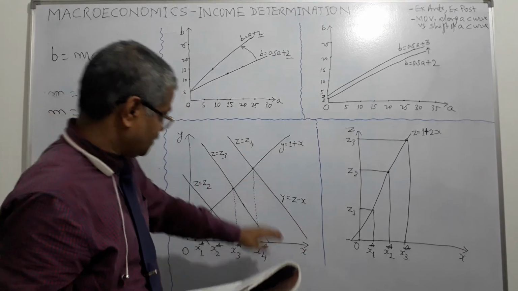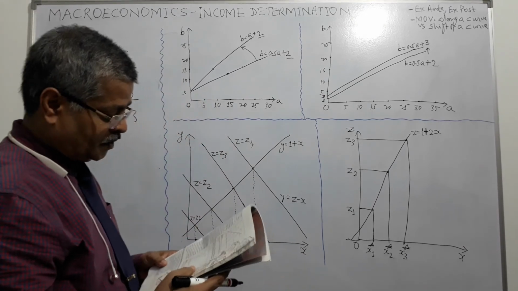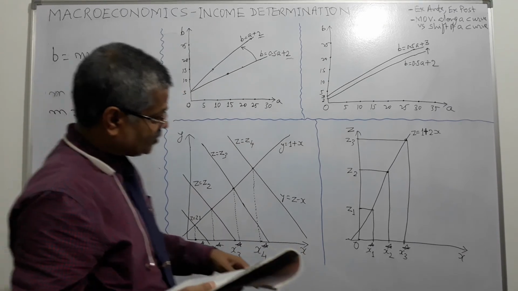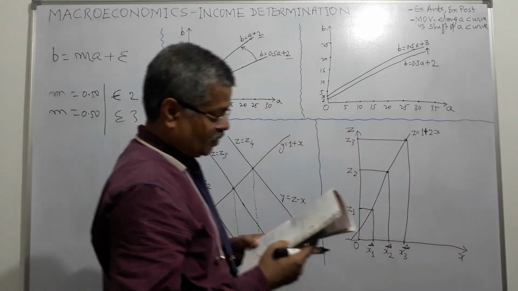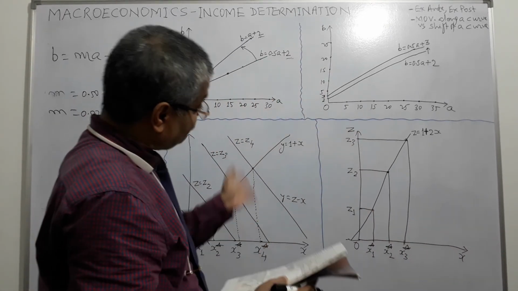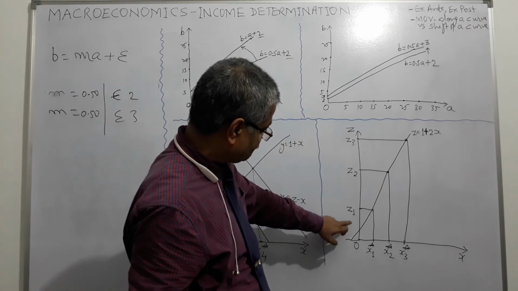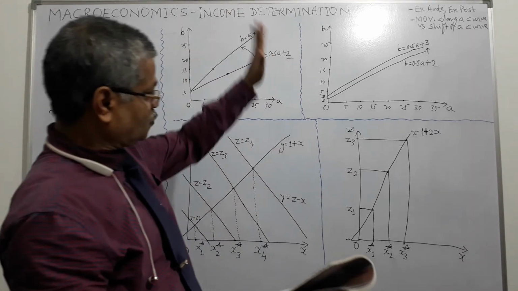These are the parameters. These are the variables. Right? But in the xz plane, what has happened? Z is a variable in its own right. It varies from 0 to z1 to z2 to z3 and so on.